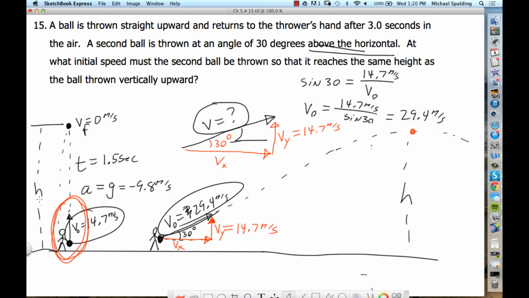So then this other guy throws a ball, but not straight up, but at an angle. The question is, what must this velocity be so that the ball reaches the same height? If the ball is going to reach the same height, it needs to have the same y velocity as this one. Does that make sense? Yeah. So it becomes a trig problem, right? It turns into a trig problem.